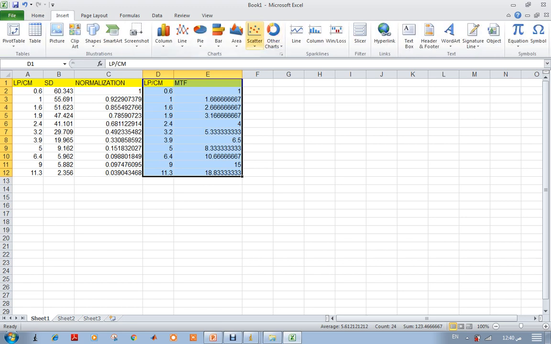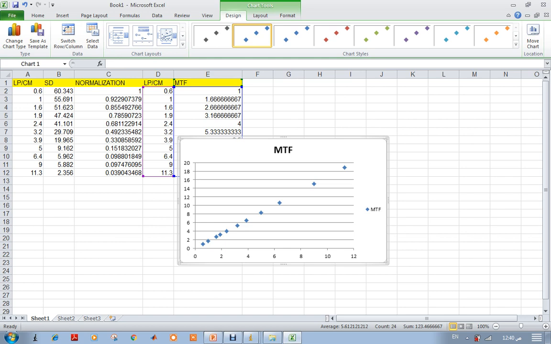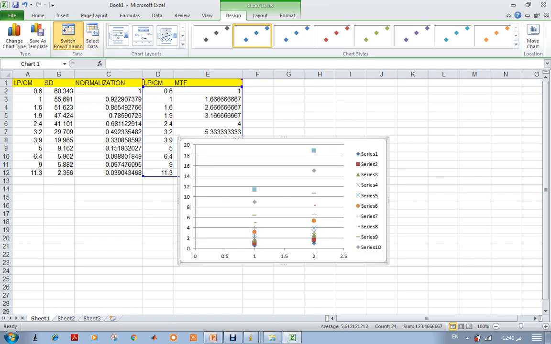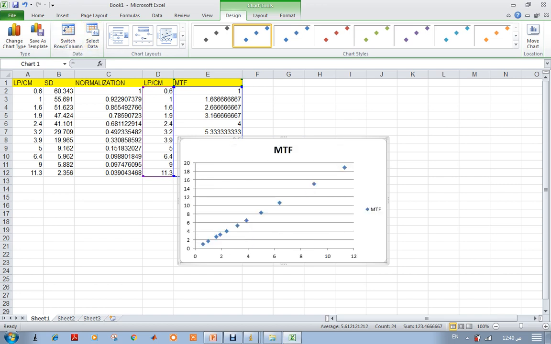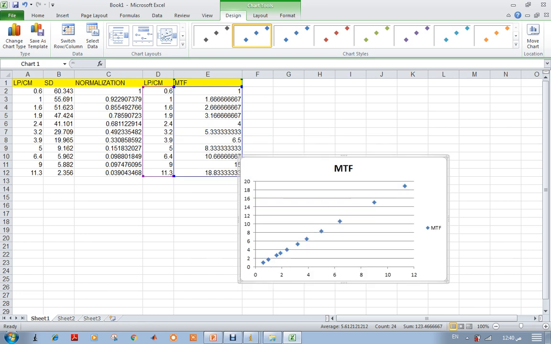Okay, now I can draw: insert, scatter. Okay, I will switch spatial frequency and MTF. I'm sorry, something wrong.